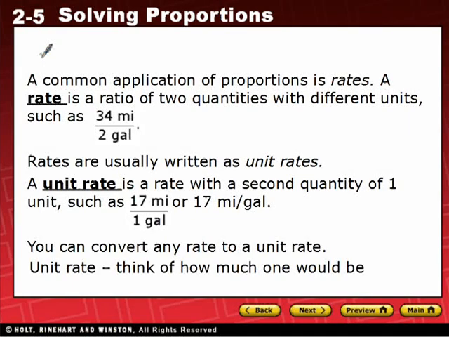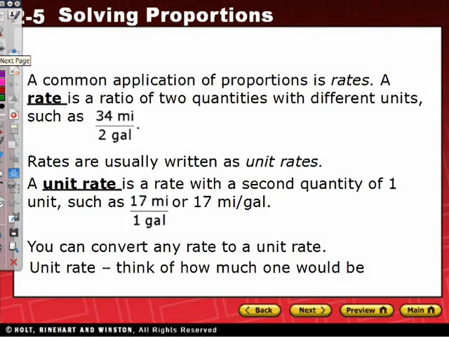I can travel 55 miles in 1 hour. And you can, of course, convert any rate to a unit rate. You just have to divide the denominator of the fraction by itself and then divide the numerator by the same thing, and you will get how much per 1 unit.